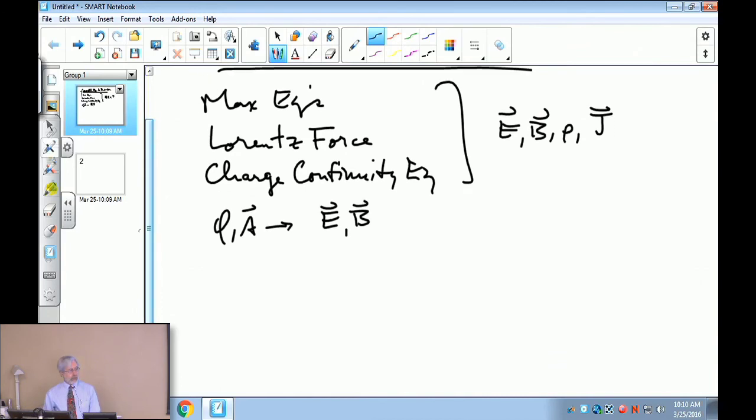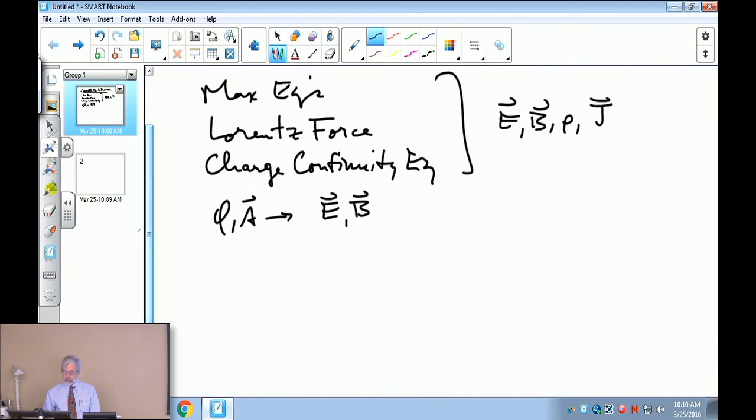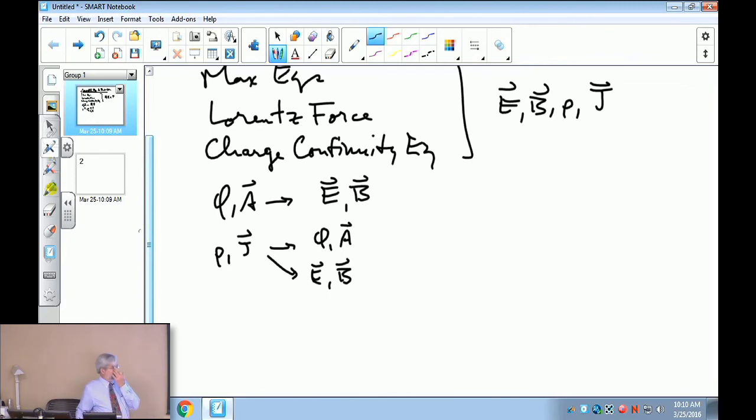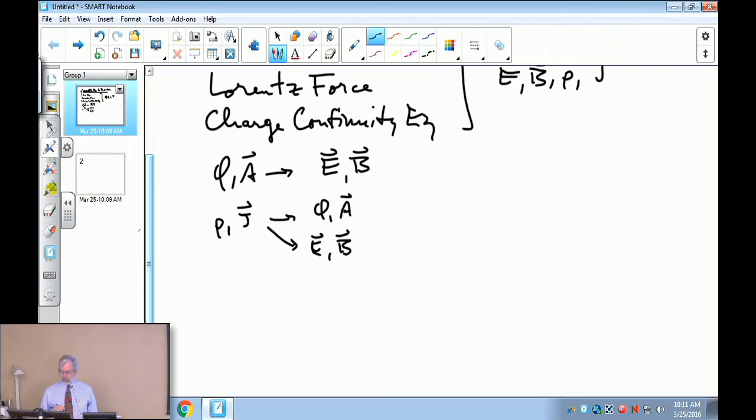And in addition, he discusses a condition on determining phi and A from rho and J. So we also have rho and J. You can either write phi and A or E and B from rho and J. The expressions for E and B from the sources are kind of complicated and were actually only recently published, oddly enough. But partly because they're complicated, I suppose.